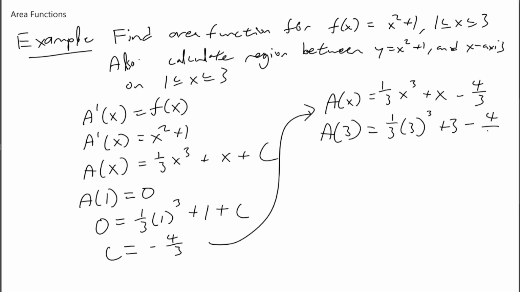Just do the math, work through it. You're eventually going to get 12 minus 4/3. And this is just going to be equal to 36/3 minus 4/3, which equals 32/3. And that is how you use the area function to find the area between 2 points.